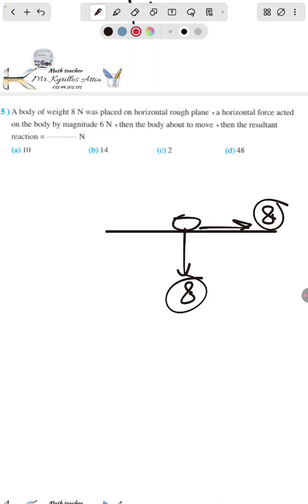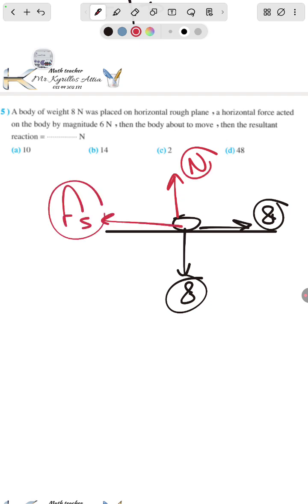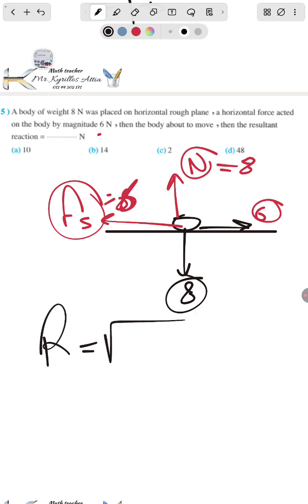Firstly, I have the normal reaction and the friction force Fs. The normal reaction equals 8. Sorry, the force is 6, the magnitude of the force equals 6, so Fs equals 6. We need the resultant reaction: R equals root of 6 power 2 plus 8 power 2, which equals 10.